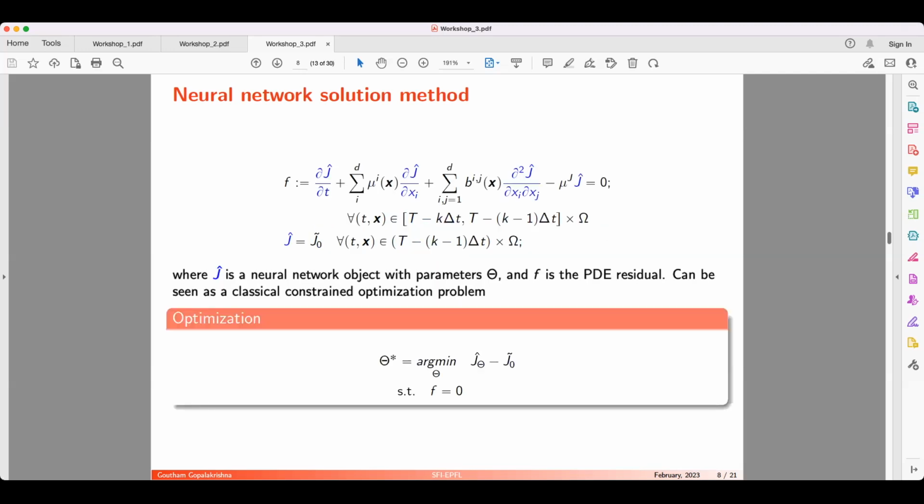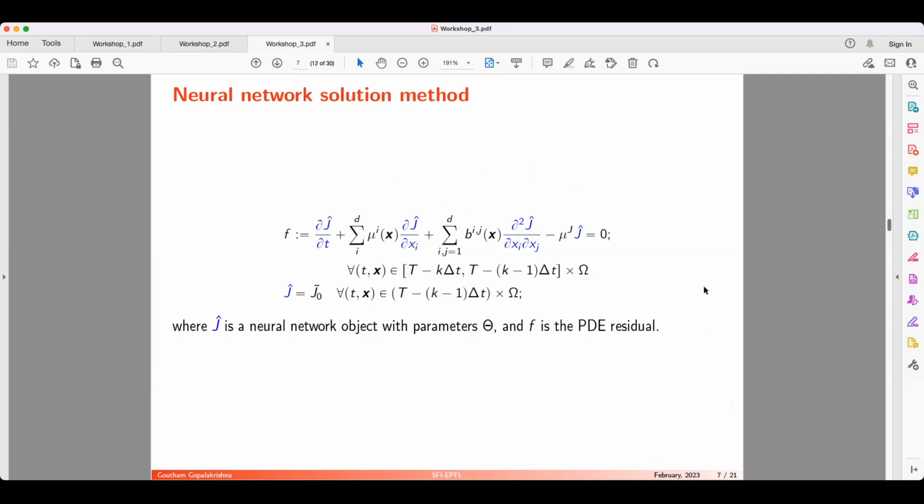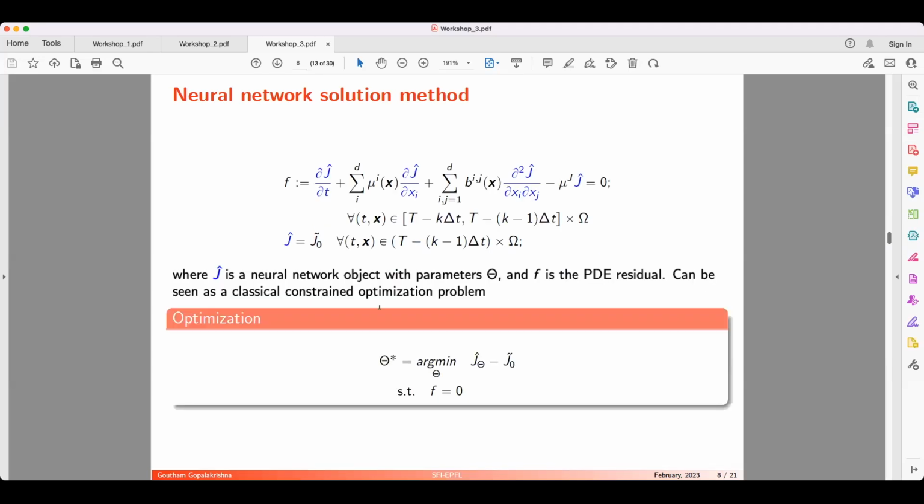And the goal is to have this PDE residual as close to 0 as possible. All right. So if you stare at this problem for a while, it is very close to some optimization problem that we are all familiar with. For example, the goal is to find the optimal parameter theta star, which minimizes the data fit. This J tilde is the initial condition. It minimizes the data fit such that it also satisfies the condition that the PDE residual should be close to 0.